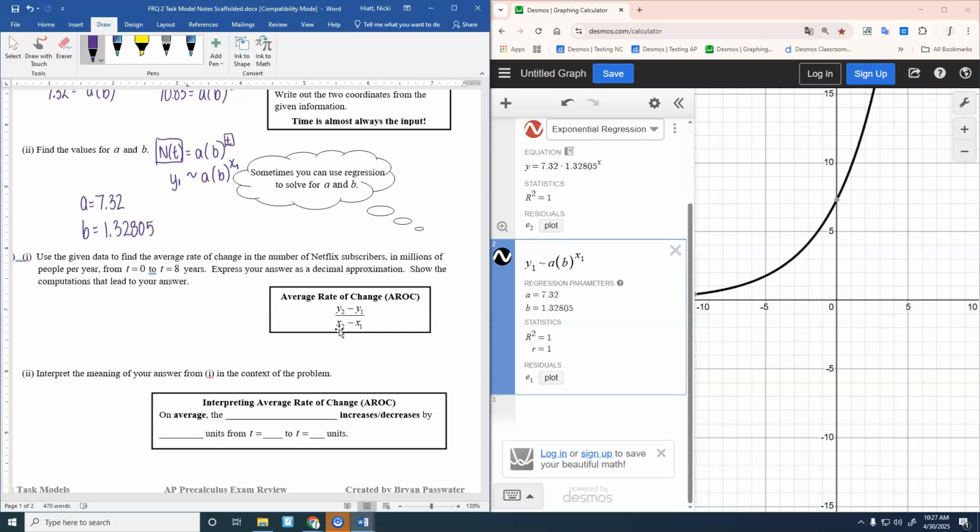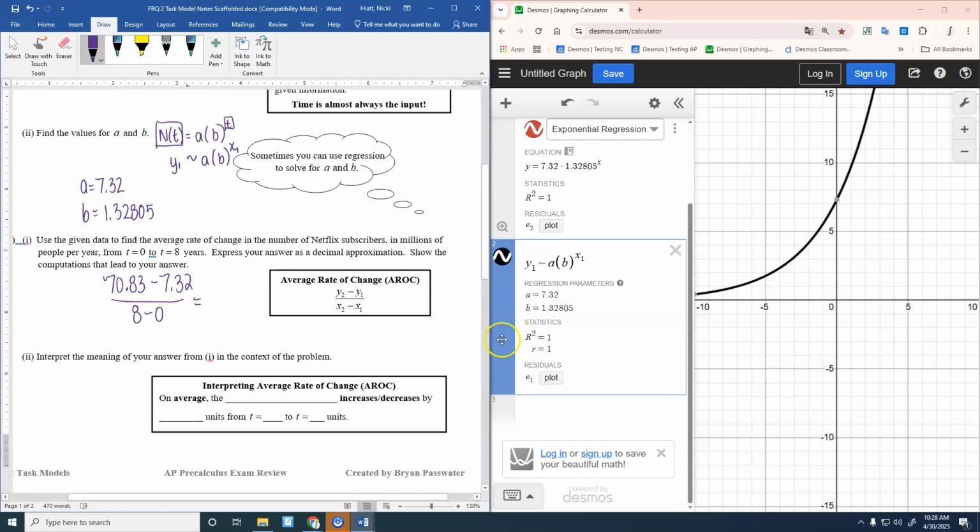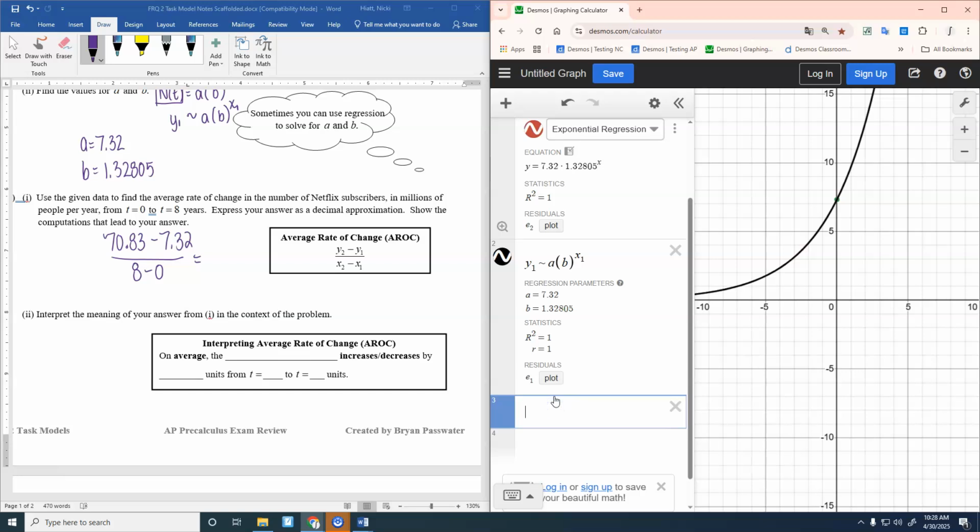So in this particular case, you're going to have 70.83 minus 7.32 over 8 minus 0. This is calculator active. You don't have to show any work on that, but you have to write this down because it says show the work that leads to your answer.